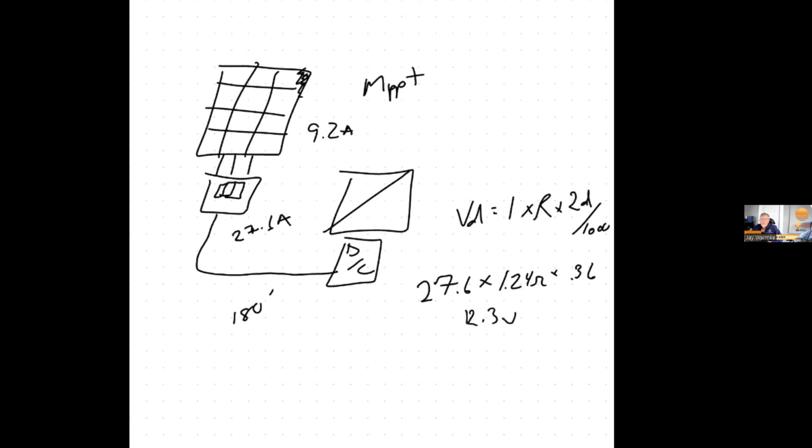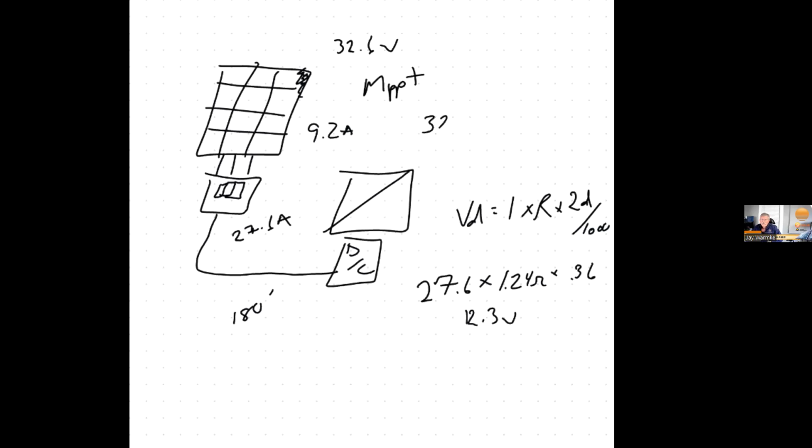Well, let's say that this array was 30 panels, so it's 3 strings of 10, and the panels' VMP is, let's just say, 32.6 volts. So 10 times 32.6 is going to be 326.